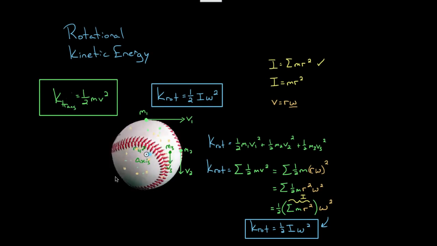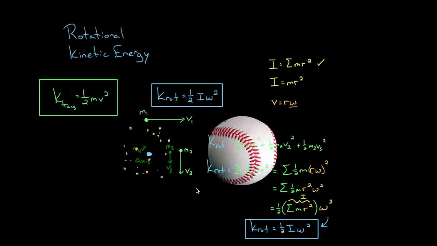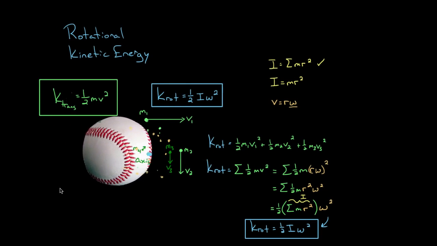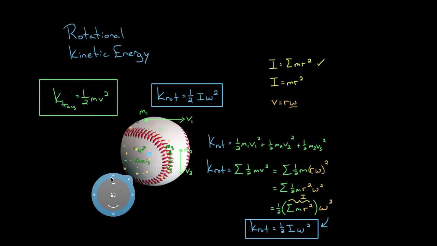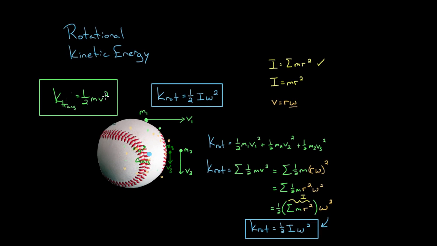So if an object's rotating, it has rotational kinetic energy. If an object is translating, it has translational kinetic energy, i.e. if the center of mass is moving. And if the object is translating and it's rotating, then it would have both of these kinetic energies at the same time. And this is the beautiful thing. If an object is translating and rotating, and you want to find the total kinetic energy of the entire thing, you can just add these two terms up.